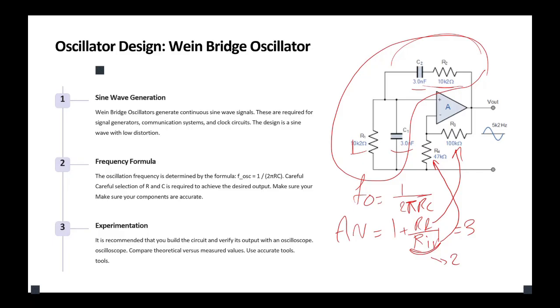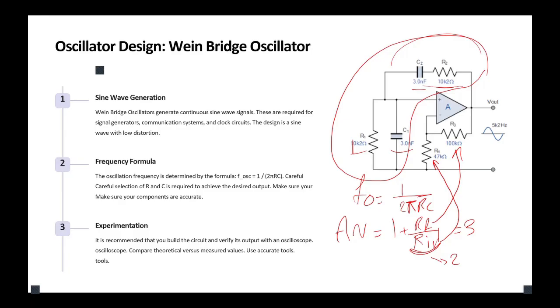If the gain stays too high, the sine wave will clip. It becomes flat-topped and distorted, like a square wave. If the gain is too low, the signal dies out. So we need a way to dynamically control the gain. Now, we have 3 common methods. One is lamp stabilization.